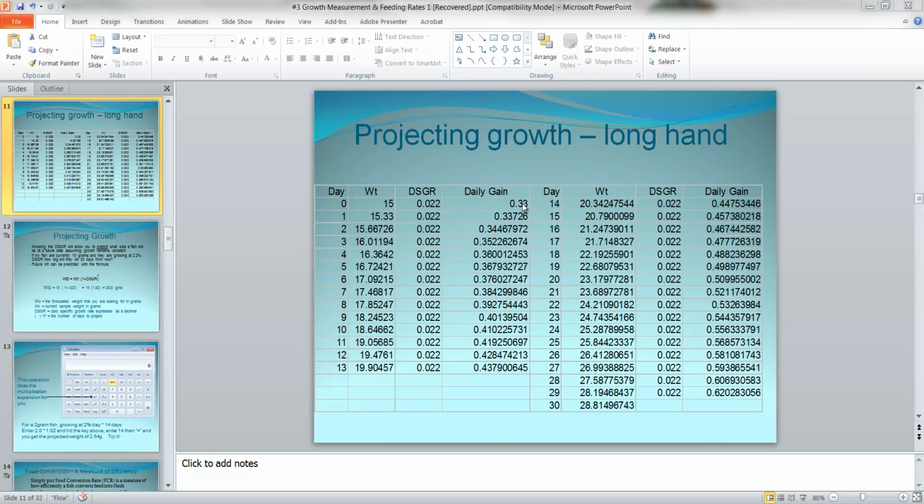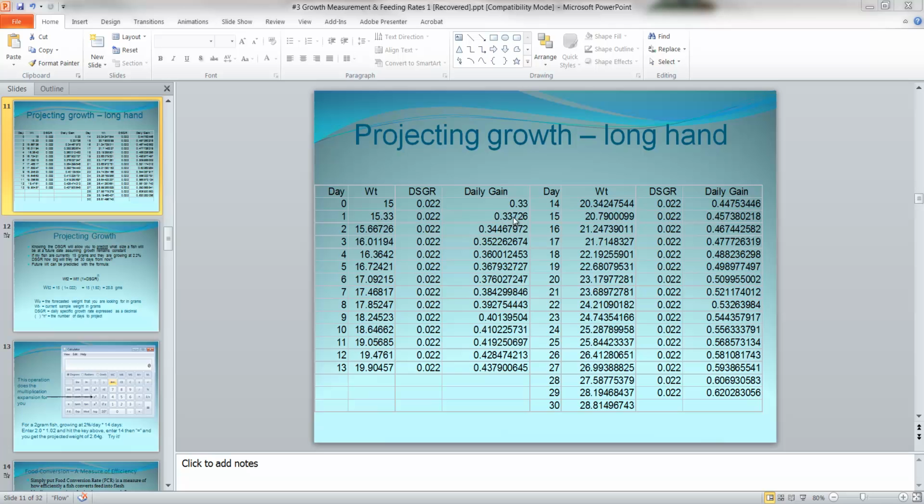Okay, so then we come down to the next day, and what would you do? You take the 15 plus the 0.33 that they gained, and you come up with 15.33 as a starting point. These guys grow 2.2% after 24 hours anyway, and they've gained more like 0.34 grams in that day.